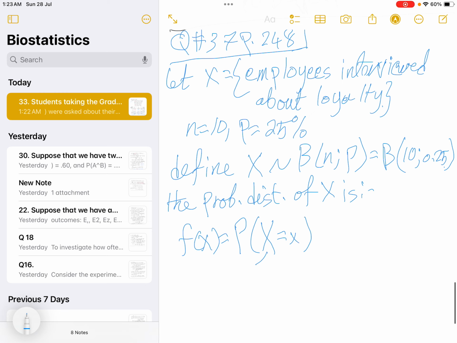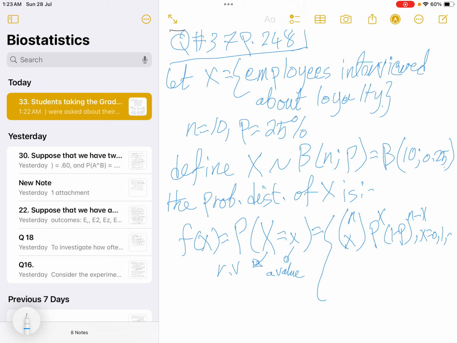This is the random variable and this is the value, equal n over x, b to the power x, 1 minus b to the power n minus x, where x is 0, 1, 2, up to n, 0 otherwise.